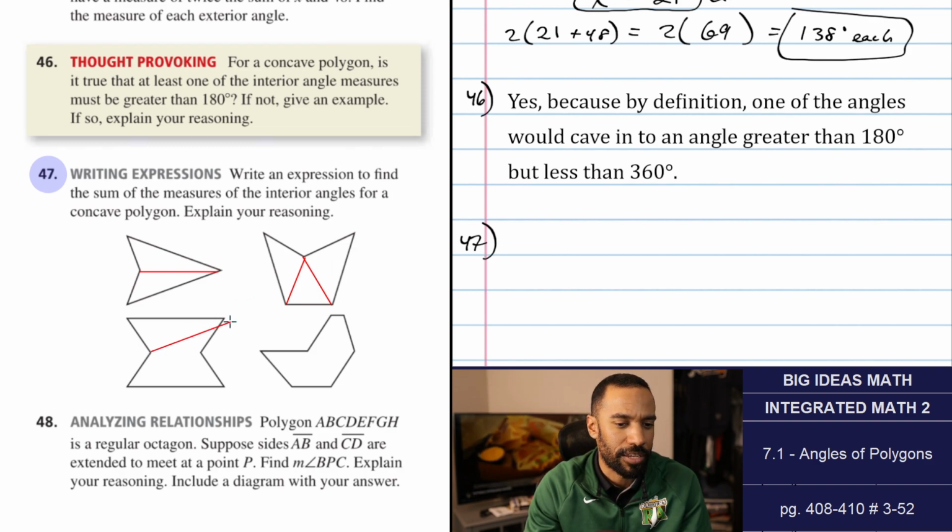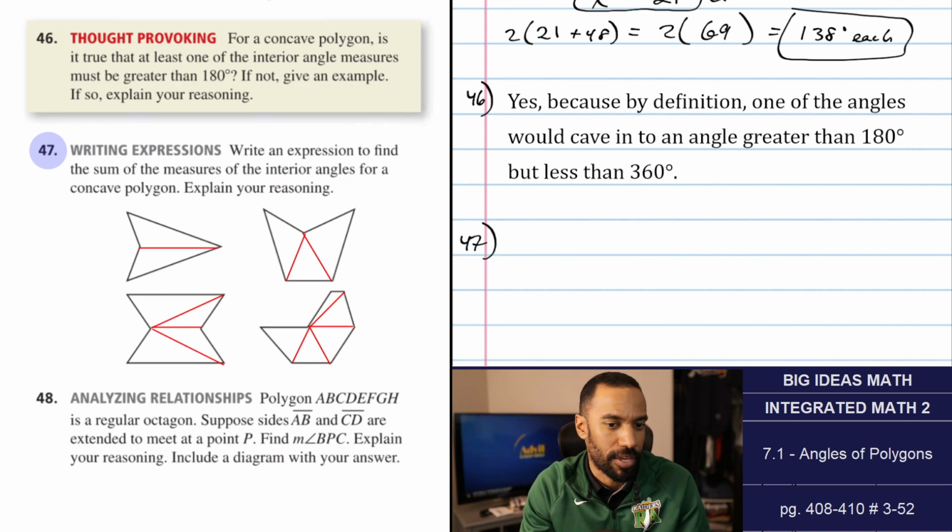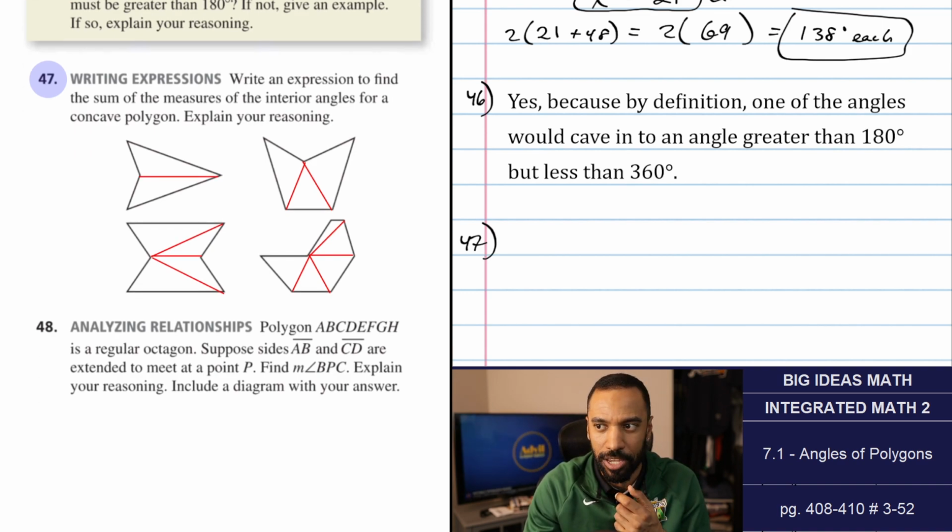From here, I have diagonals here, here, and here. It's a 6 sided shape, 4 triangles, and in this one, I have 5 triangles in a 7-sided shape. It's still the same thing. So what I'm drawing there is kind of my explanation.